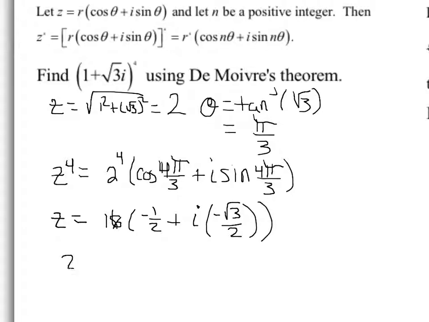So you'd get z equals negative 8 minus 8 square root 3 i. Okay, let's look at another one.